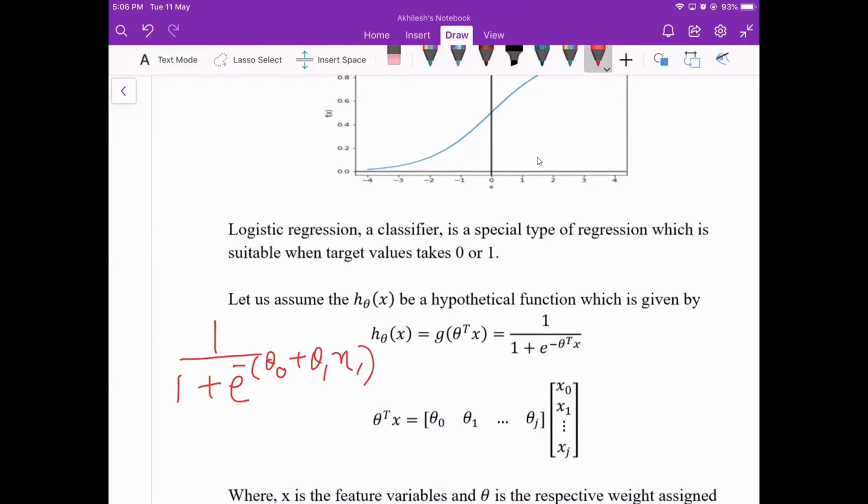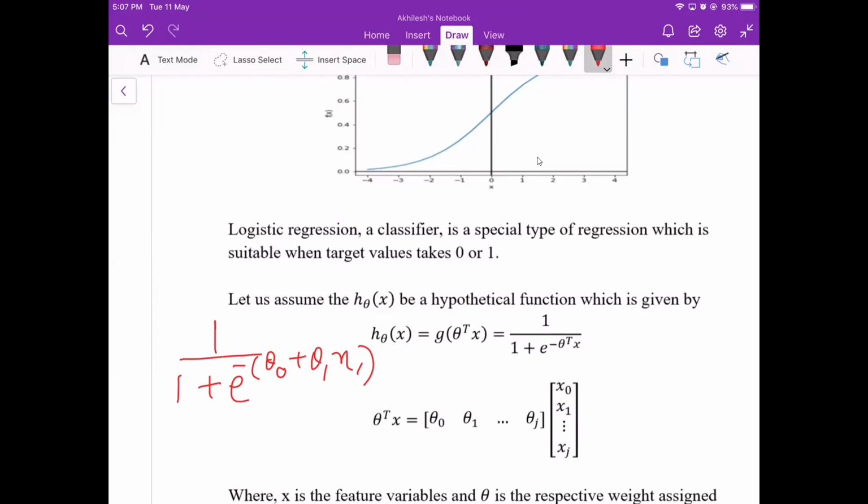Then the sigmoid function is like this, or in general terms this one.